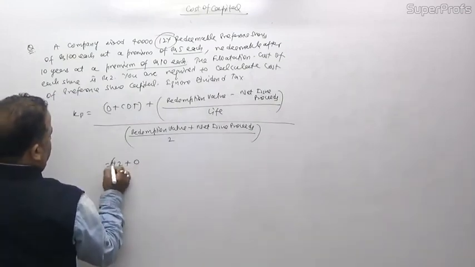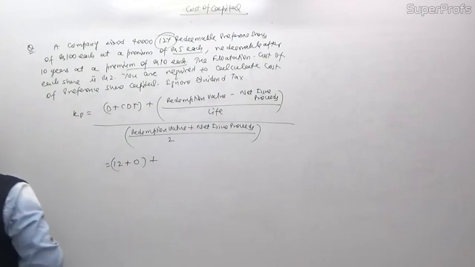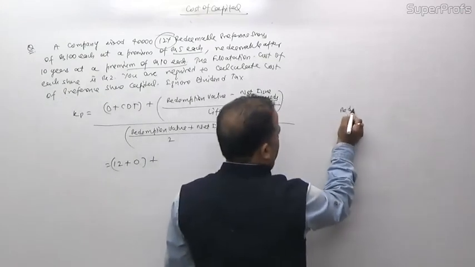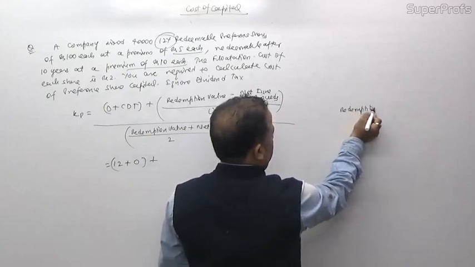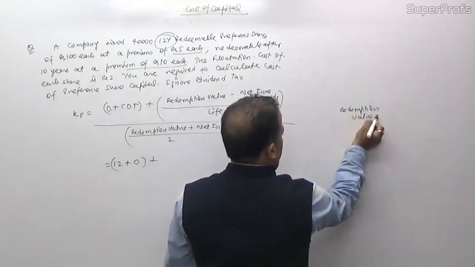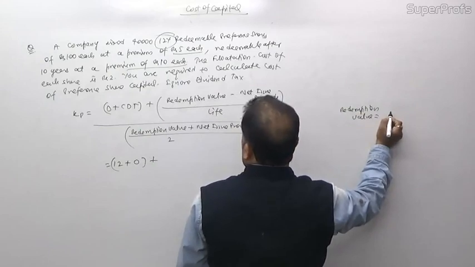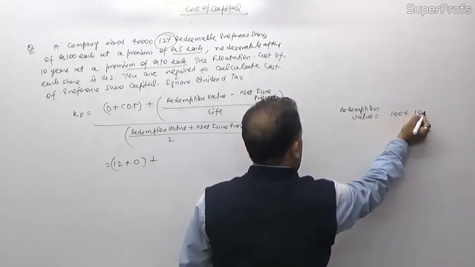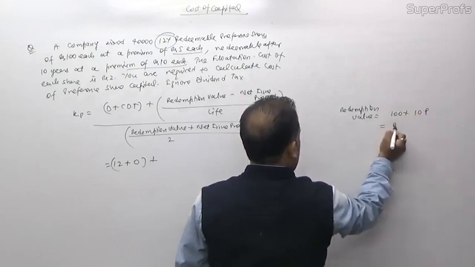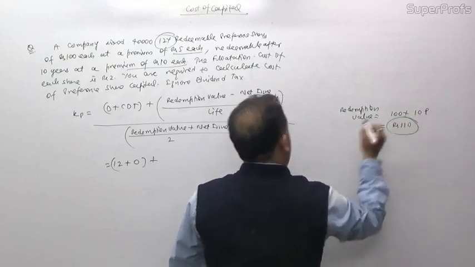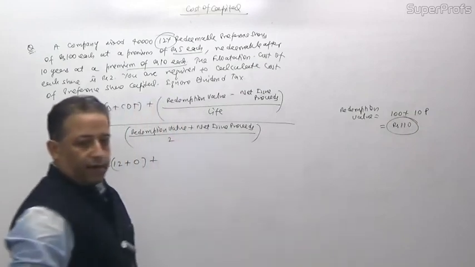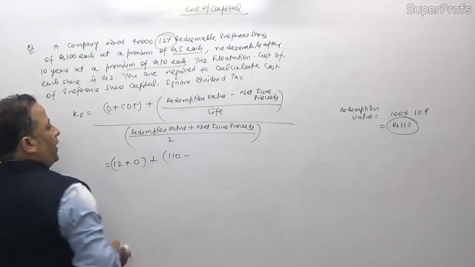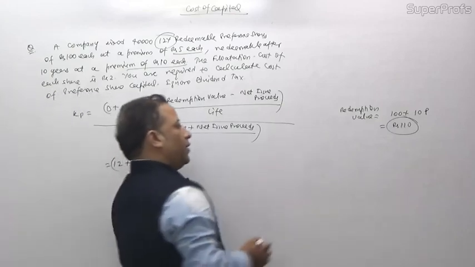The amount of CDD is nil. The redemption value: the face value is equal to 100. Shares are redeemable at 10 rupees premium, means the redemption value is 110. The redemption value is 110 minus net issue proceeds.